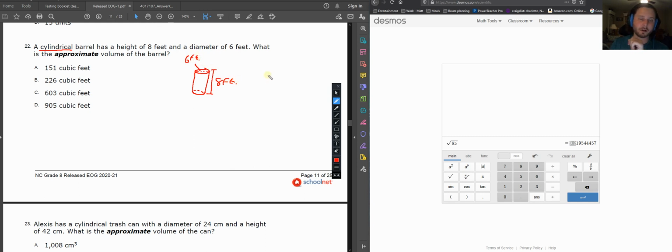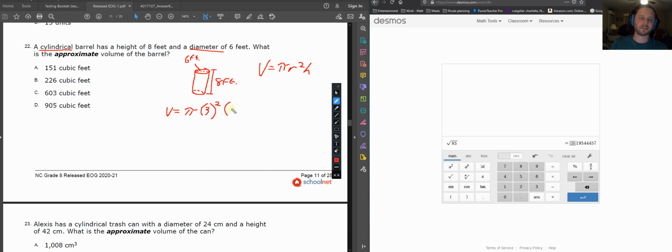In case you forgot, volume of a cylinder is simply going to be pi r squared h, h standing for height. So for volume, we need pi. We need the radius, which in our case will be 3, not 6. 6 is the diameter. Radius is half the diameter.